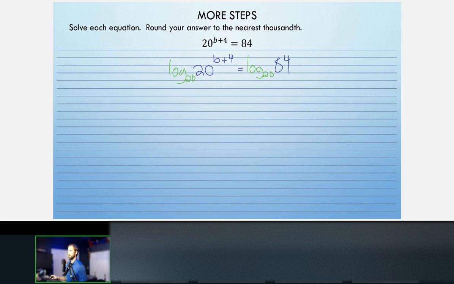All right, and then Lizeth, did you pull down the b plus 4 by itself? Because log base 20 of 20 basically cancels out and the b plus 4 carries down, right? Okay, and then what'd you do?